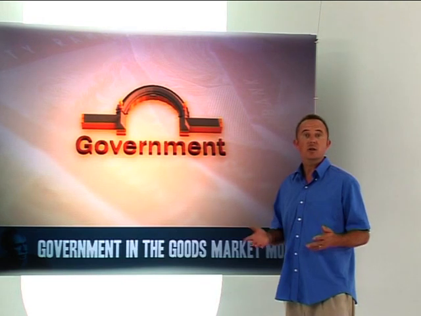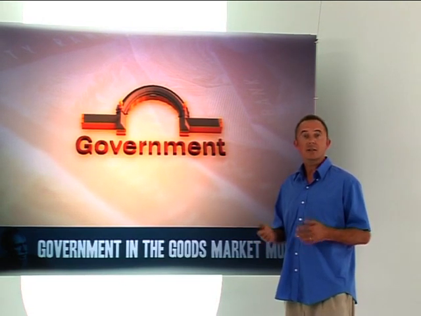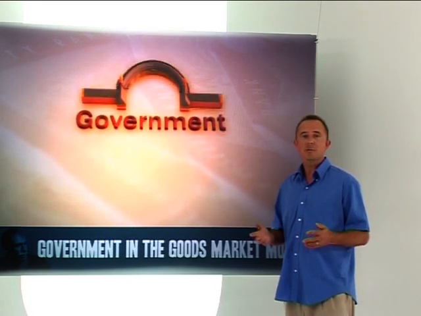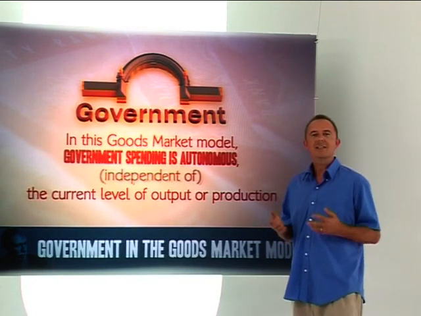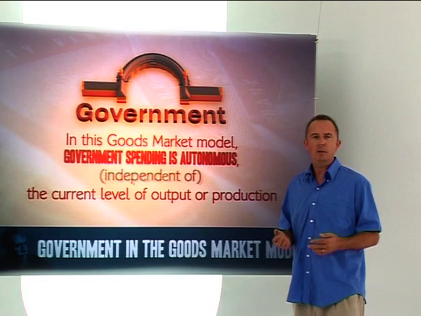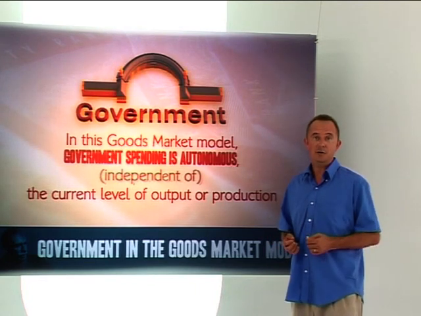So, how does the introduction of government into our circular flow impact on our goods market model? Well, let's look first at government spending. To start with, we're going to assume, again, that government spending is independent of the level of output. It's another autonomous variable, not influenced by the level of output.